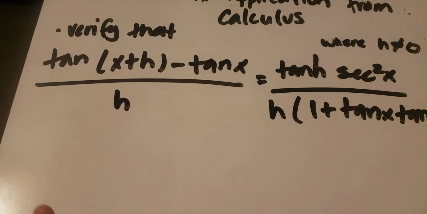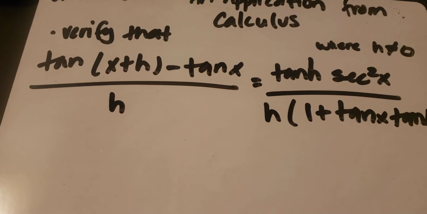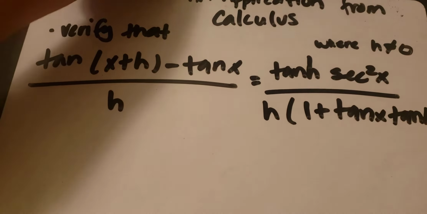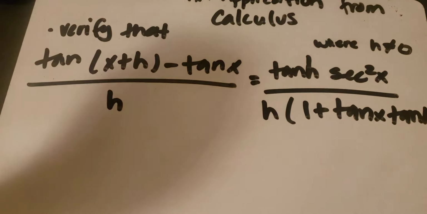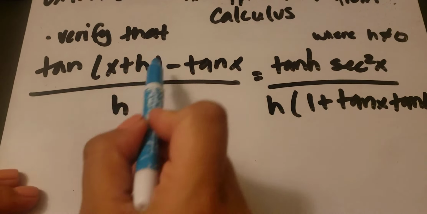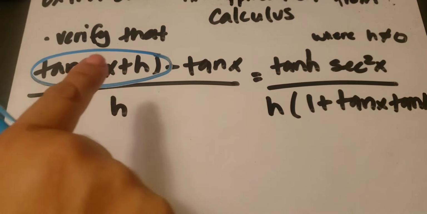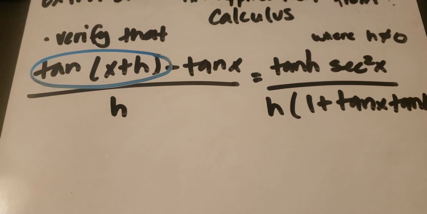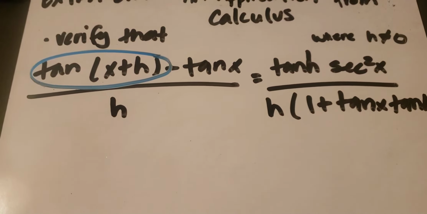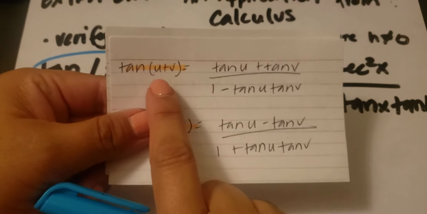It's just a matter of preference. Notice we're not going to end up with any values, so we're not going to be using the unit circle. We're just using properties. Right off the bat, I can tell that for tangent of x plus h, we can use a property. I have my index card here, so we're going to be applying this one.